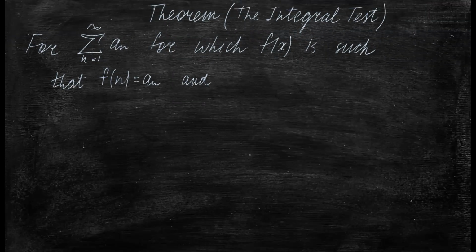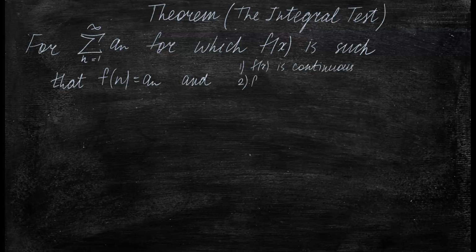The first one is f of x is continuous. The second condition is f of x is positive, or non-negative, I should say. And the third condition is that f of x is decreasing.